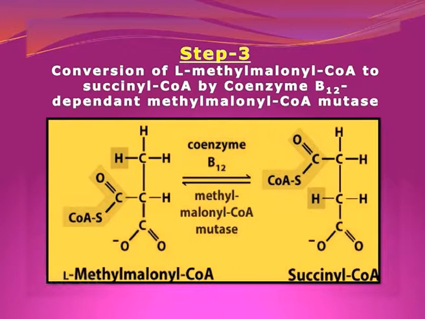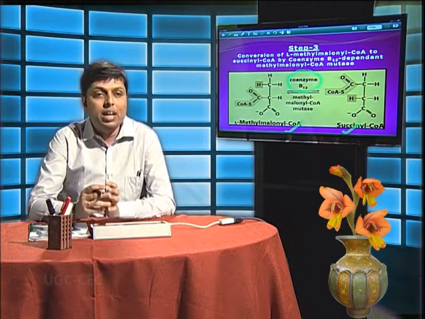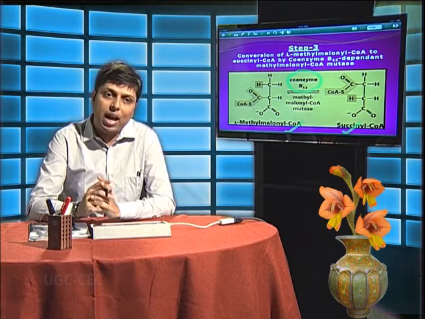Coming to step number 3, this L-methylmalonyl-CoA will be converted to succinyl-CoA with the help of the enzyme methylmalonyl-CoA mutase. But one interesting thing in this conversion is the participation of what is known as coenzyme B12. This coenzyme B12 is very crucial for this reaction.